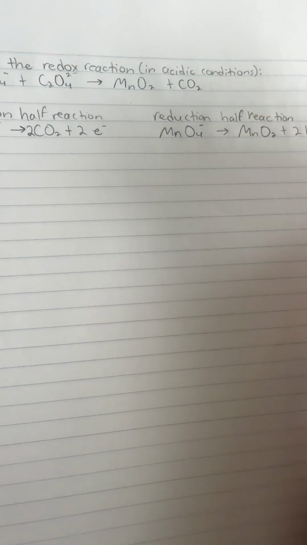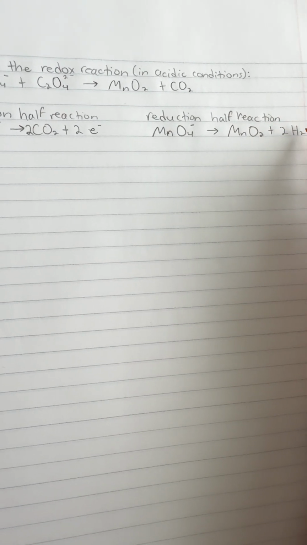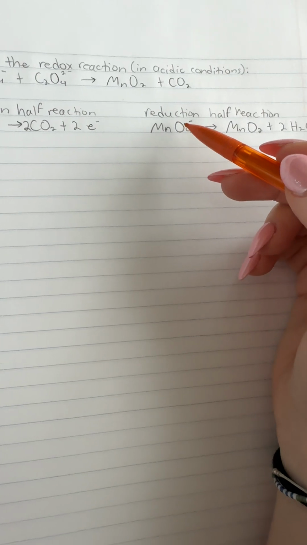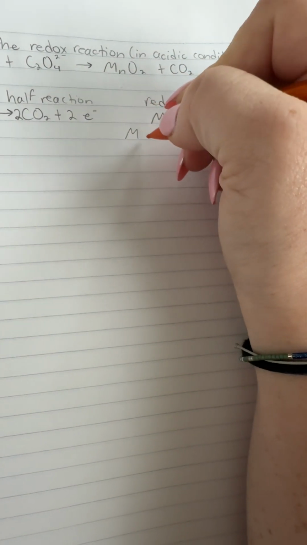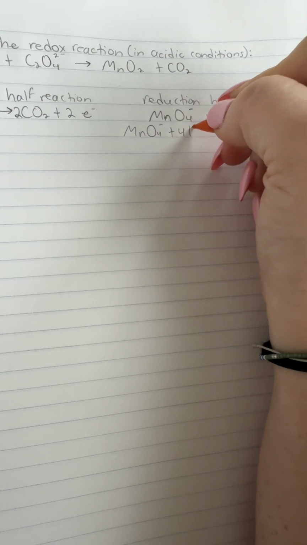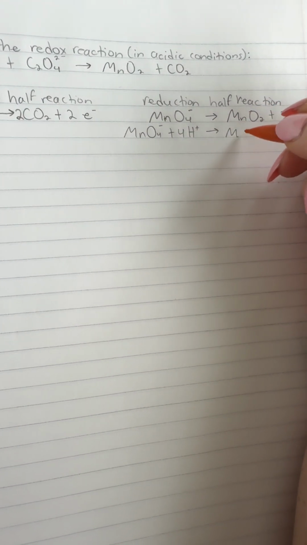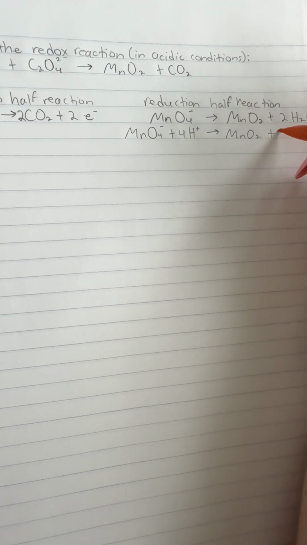So now we have 4 hydrogen, which means we'll need to fix something on our left side. The easiest way to do this would be to add 4 hydrogen. And then this will be 4 fixed.